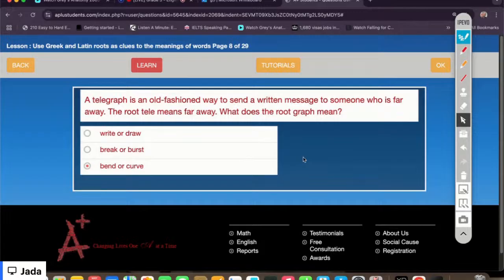What does the root graph mean? So, write or draw, break or bust, or bend or curve. Which of them?